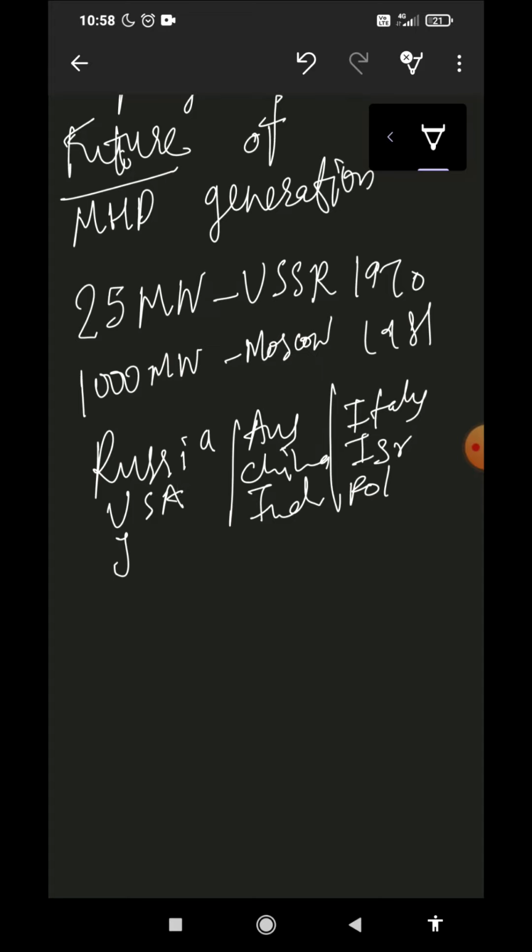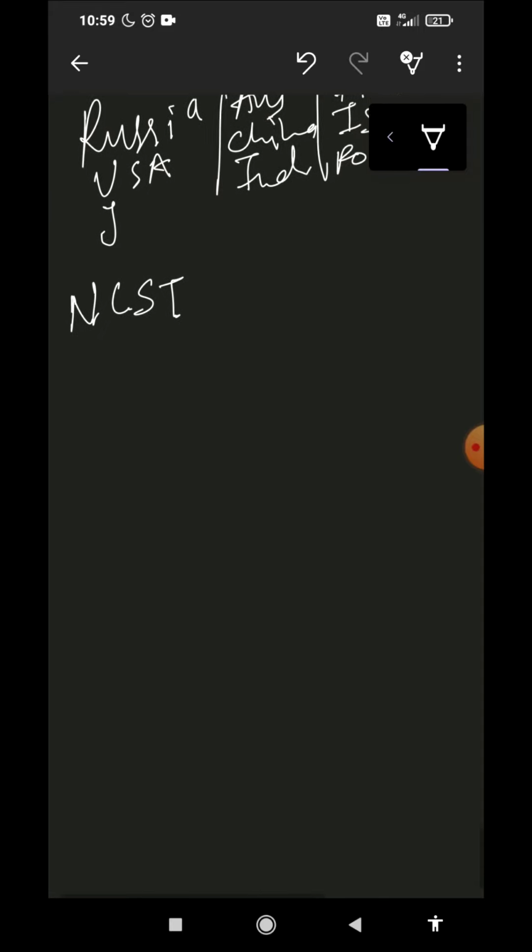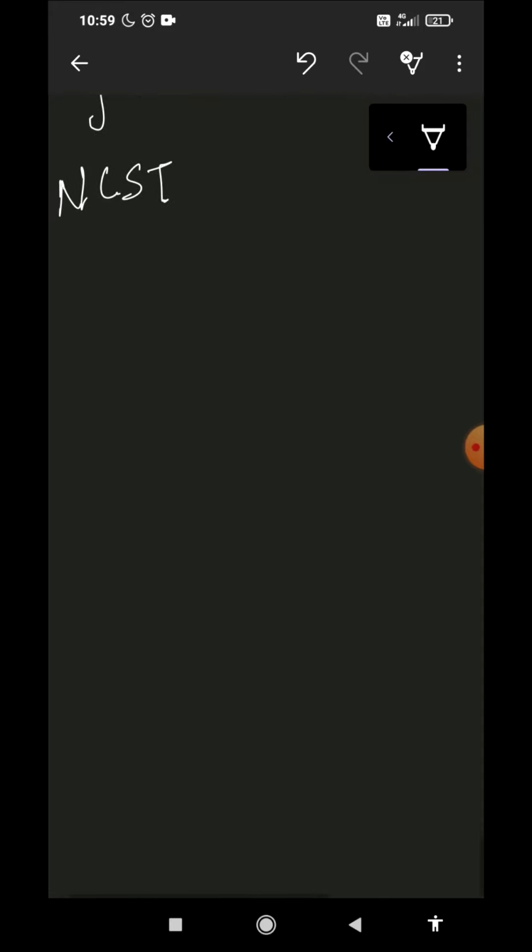So let's talk about India. In India also considerable studies have been carried out in the field by a team of scientists under the National Council of Science and Technology, that is NCST. The Department of Science and Technology of Government of India has sponsored a research and development program on coal based MHD power generation.